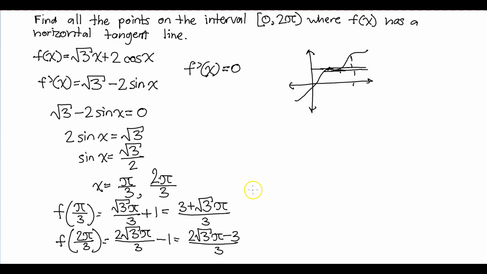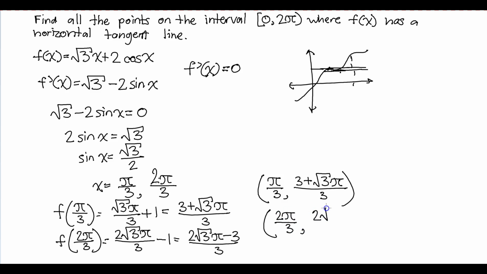So we get the points pi over 3, (3 plus root 3 pi) over 3, and 2 pi over 3, (2 root 3 pi minus 3) over 3.